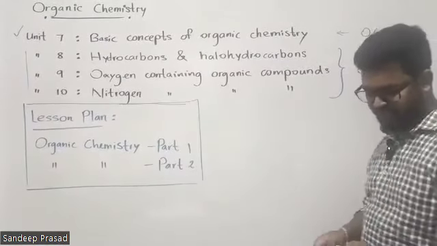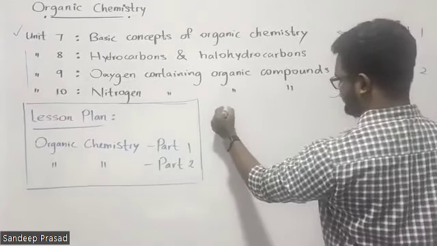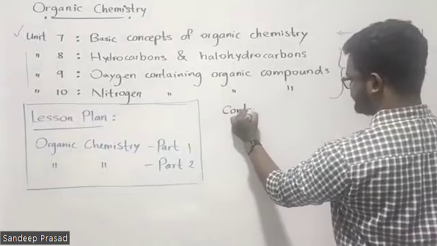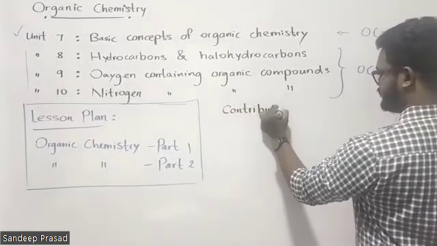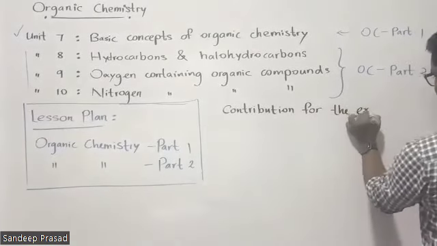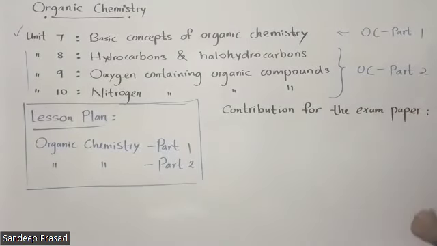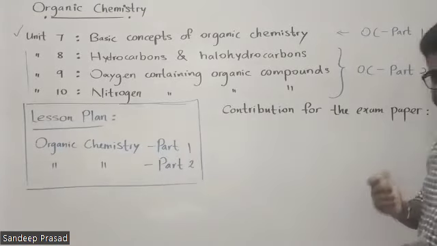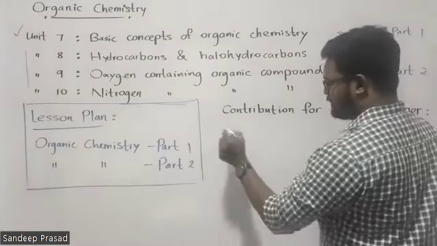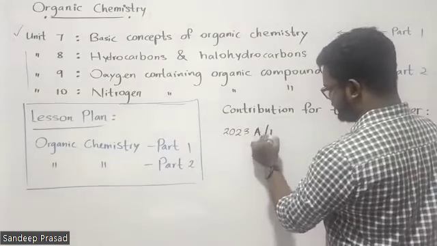Now, let's talk about the contribution from this unit for the exam paper. This is what you have to understand mainly: the contribution for the examination paper. I'm talking about the 2023 A-level examination paper.